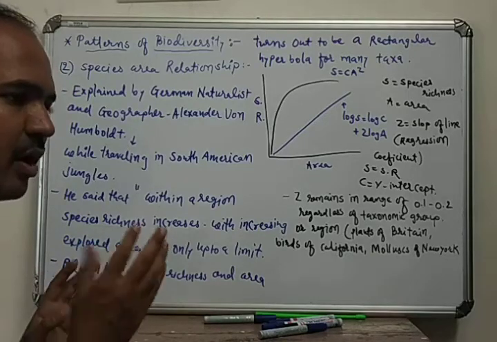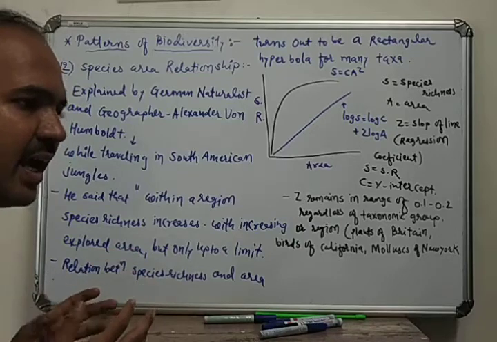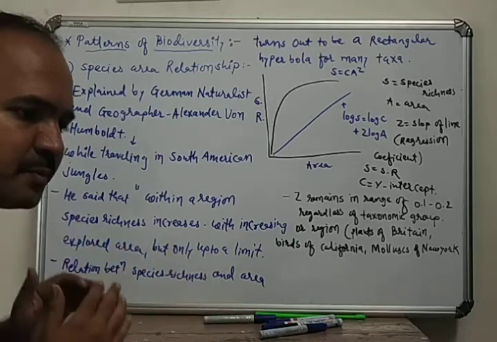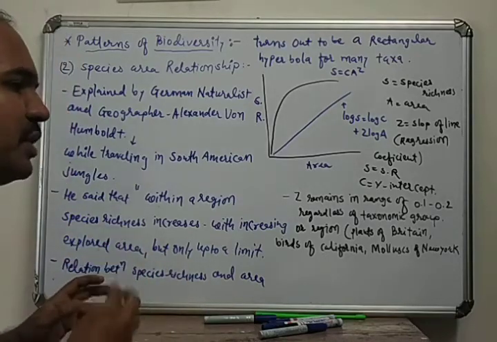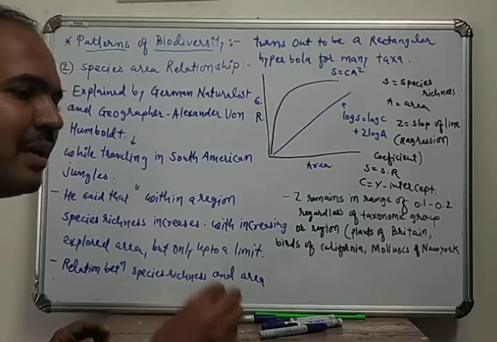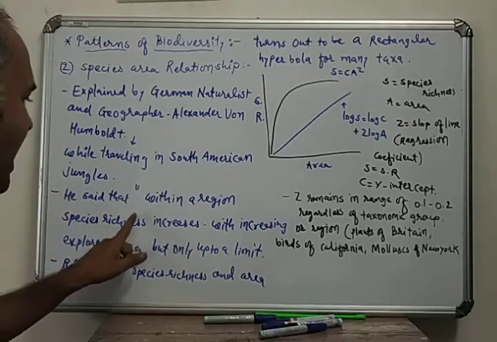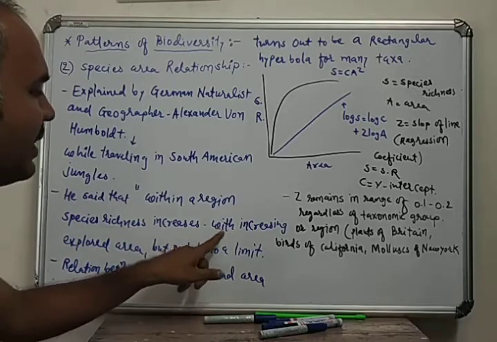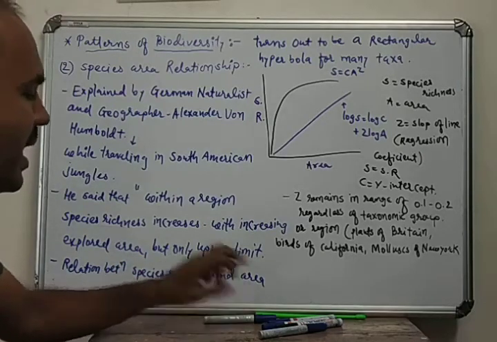What did Humboldt say? Humboldt said that within an area, if the explored area is increased, then species richness increases, but only up to a limit.